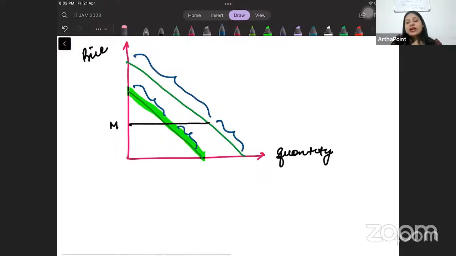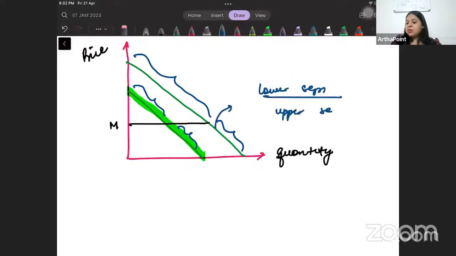Can you clearly see that for the second demand curve, lower segment is much smaller than the upper segment? देखो ध्यान से, it's much smaller than the upper segment. So the elasticity is very different from what I see in the first case.